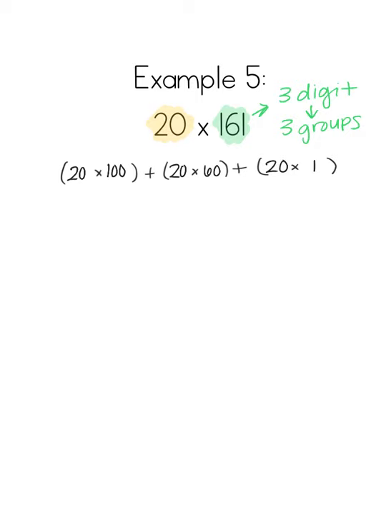20 times 100 is 2,000. 20 times 60 is 1,200. And 20 times 1 is 20. Now I can add all of those numbers up.